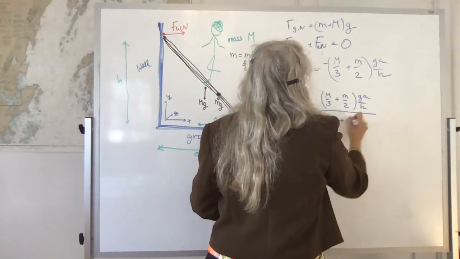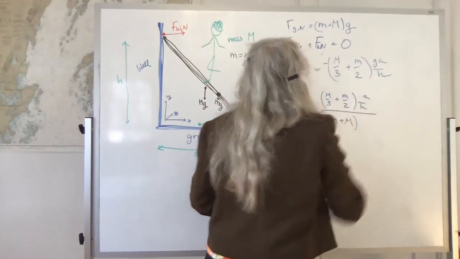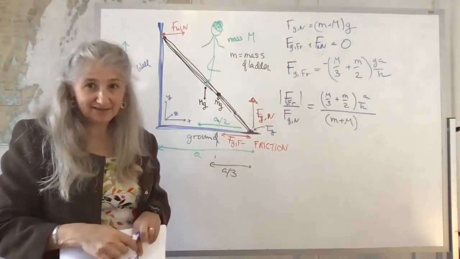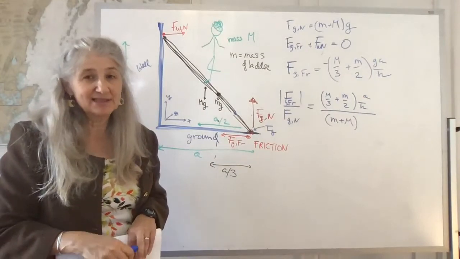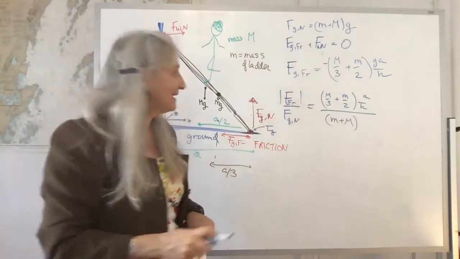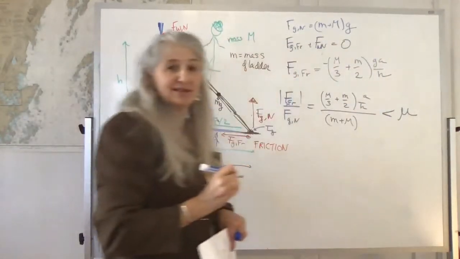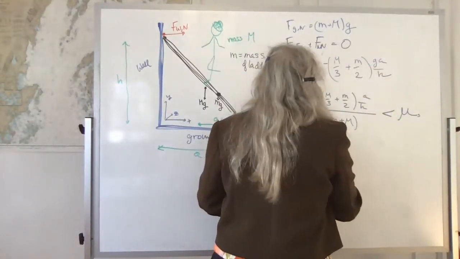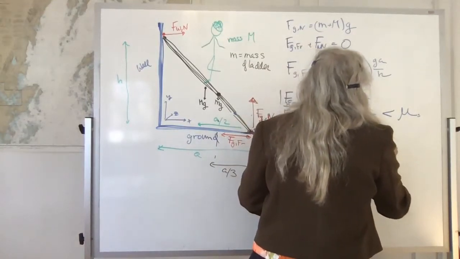So this is the ratio of the friction force to the normal force. And static friction can be at most the static friction coefficient. So in order to keep the ladder from slipping, this has to be less than the static friction coefficient. So mu s is the static friction coefficient.